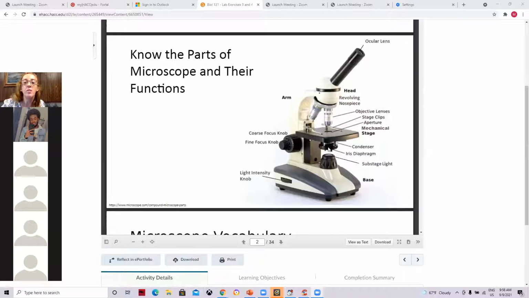I have an iris diaphragm and a condenser, which work to condense the light onto my specimen. I have a coarse focus knob and I have a fine focus knob. And I can change the light intensity that's coming up through my specimen by adjusting this knob.